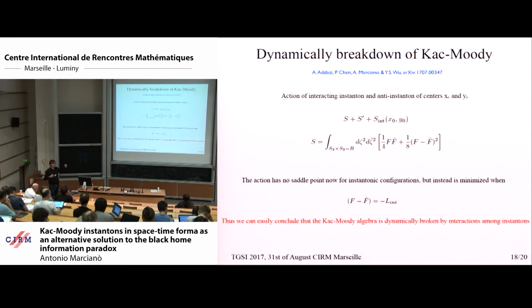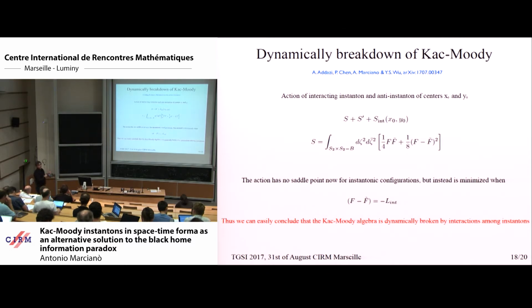So basically, with the quantum mechanical intuition of the double well potential, an instanton interconnects one minimum to the other, and an anti-instanton goes the other way.